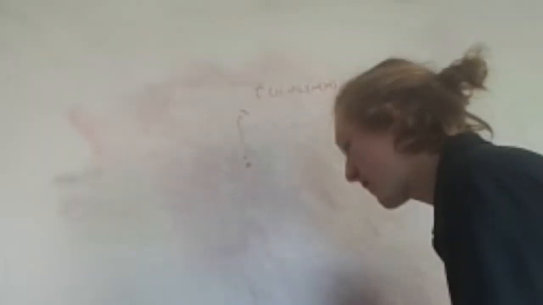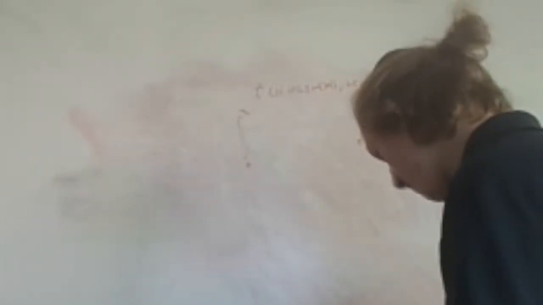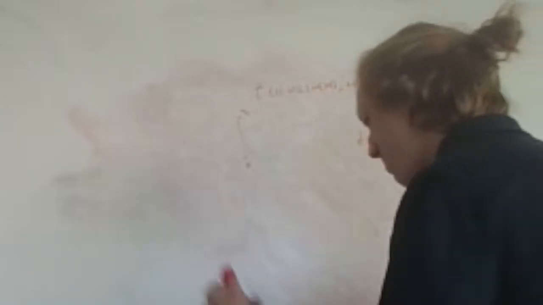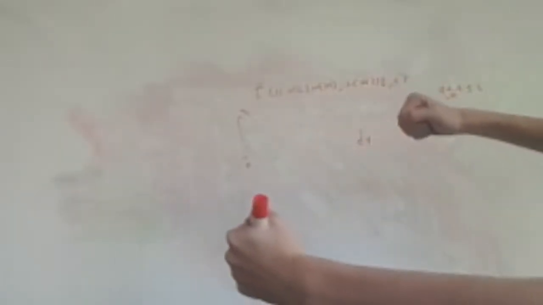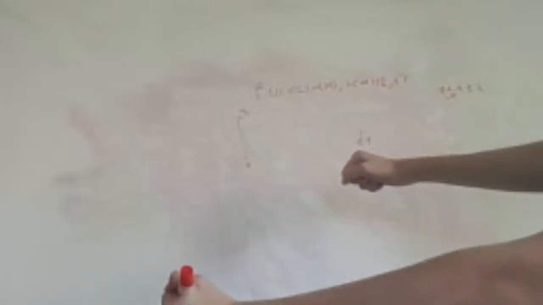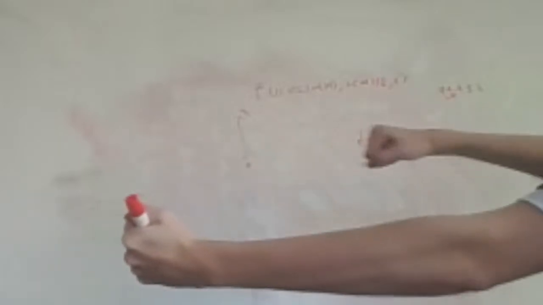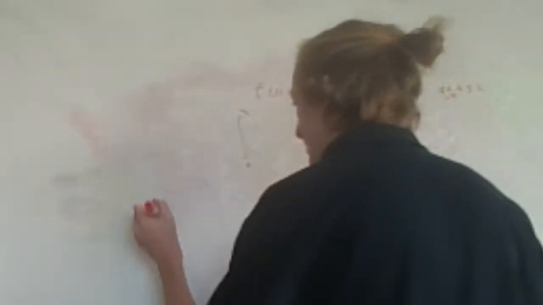So if we have two arbitrary points in space and we want to find the distance, not the vector like we did before, but just the distance, that's kind of like dx or something for arc length.